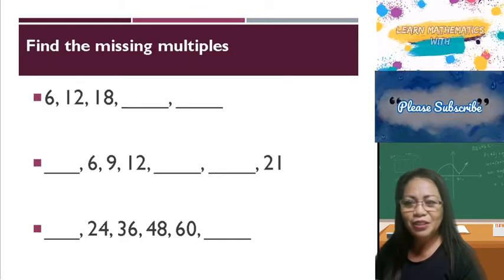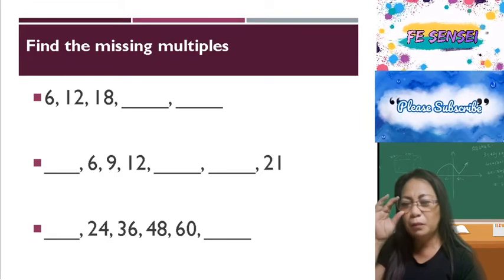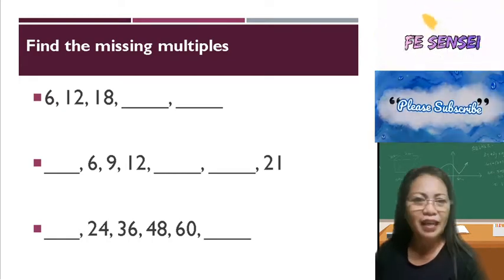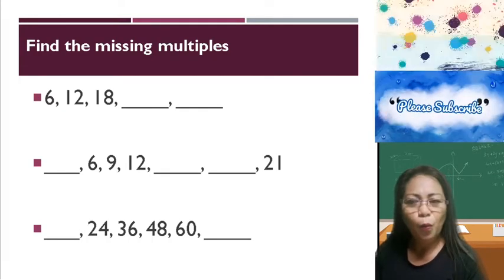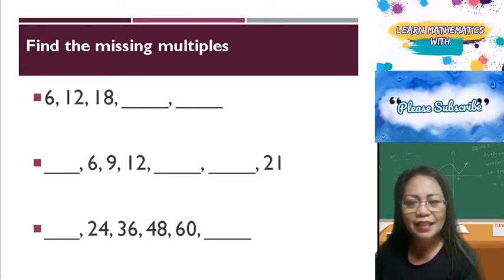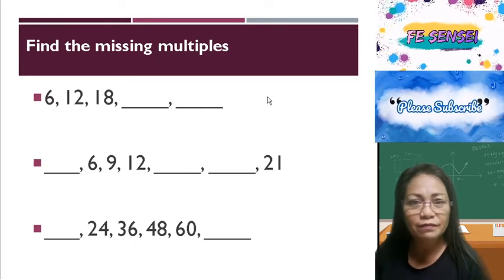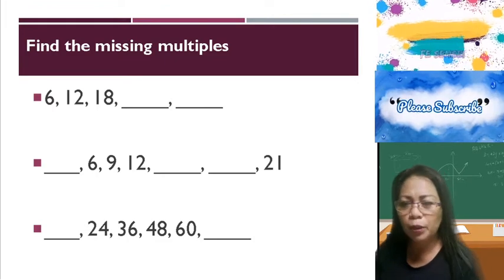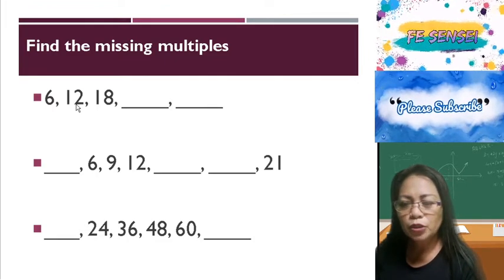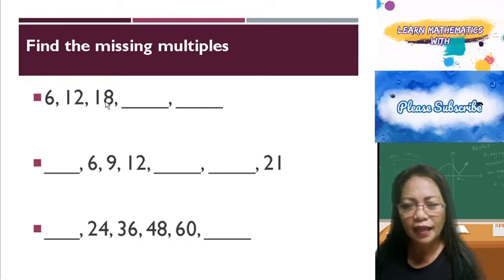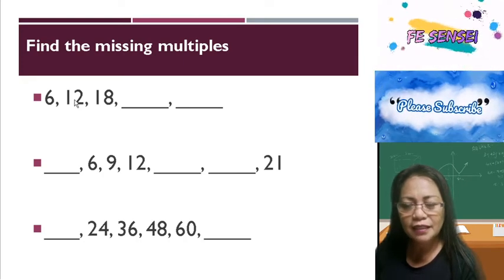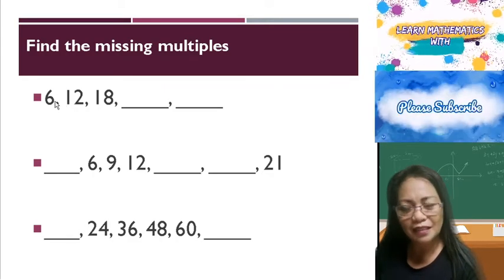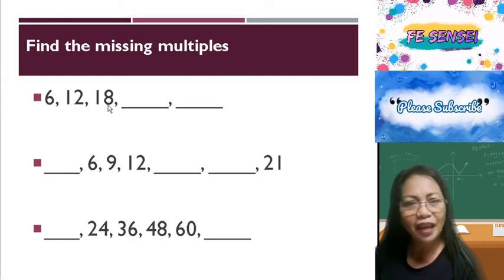So let's try to answer this one. Find the missing multiples. First example, 6, 12, 18. What do you think this number is a multiple of? So let's examine the numbers. 6, 12, 18. 12 minus 6 is 6. 12 plus 6 is 18.